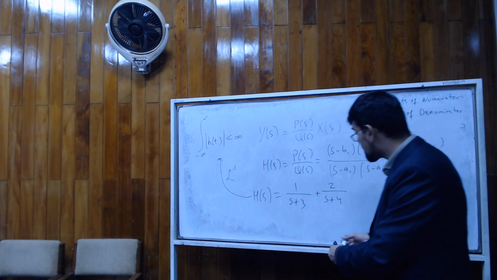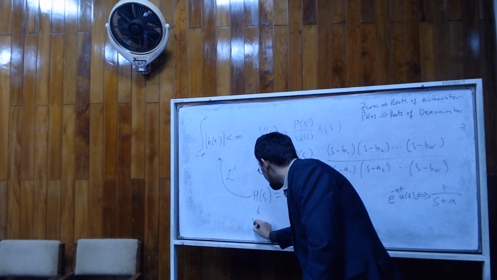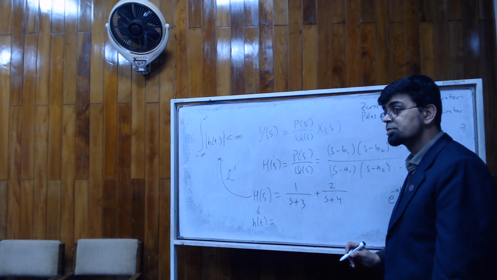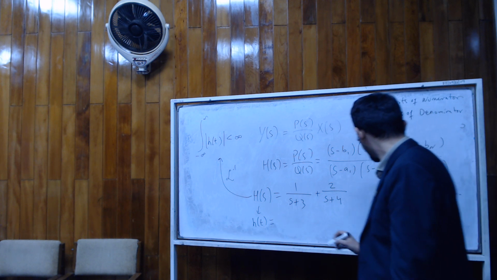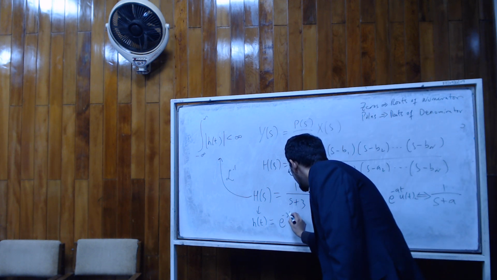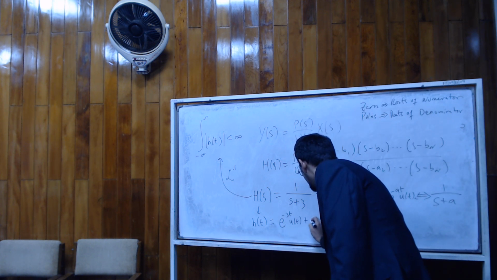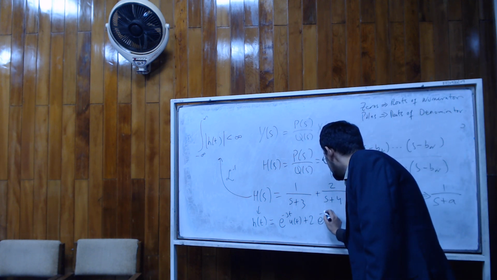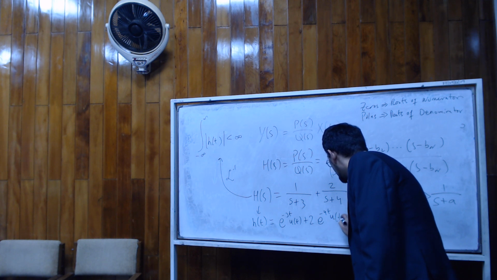So now look at this. If I wanted to take the inverse Laplace of this, what would h(t) be? e^(-3t)u(t) plus twice e^(-4t)u(t).